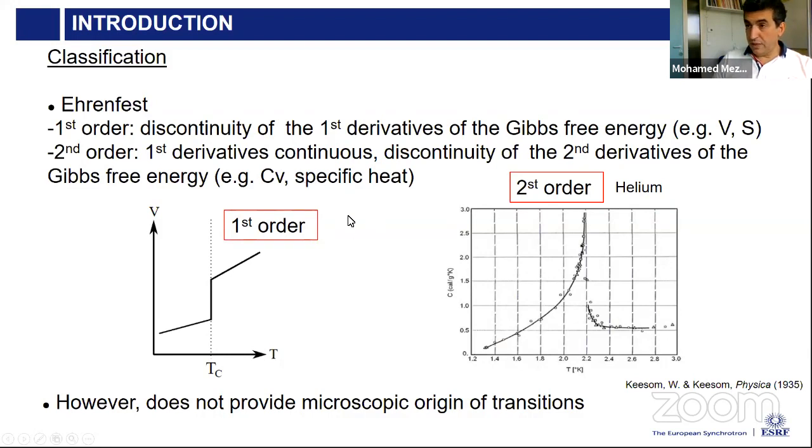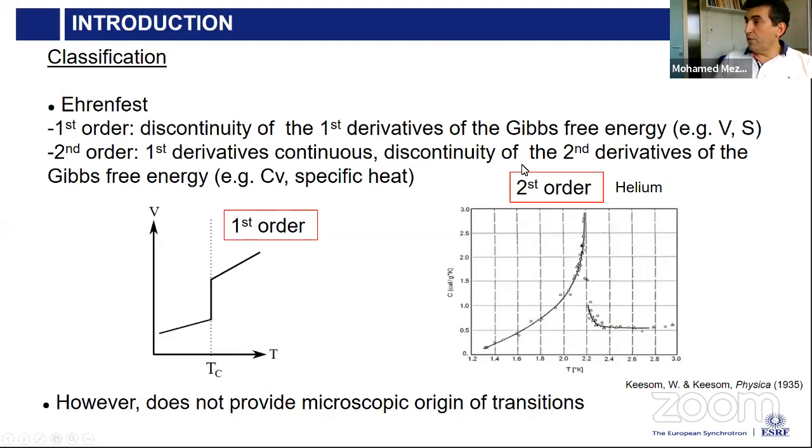This is actually illustrated in those two graphs here, where, for instance, you have a first order phase transition where you increase the temperature, and at a certain temperature TC, for example, you have a jump in the volume, and this is typically first order. For second order phase transition, you would not see any volume change at the transition. I will show you actually examples of such a type of phase transition.